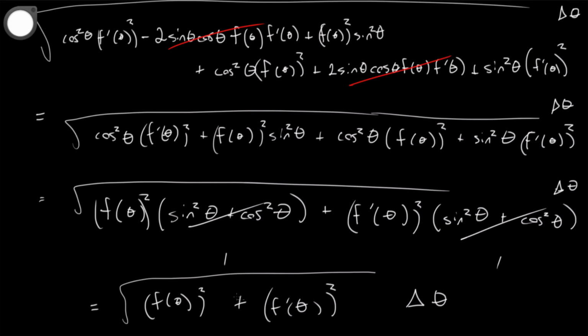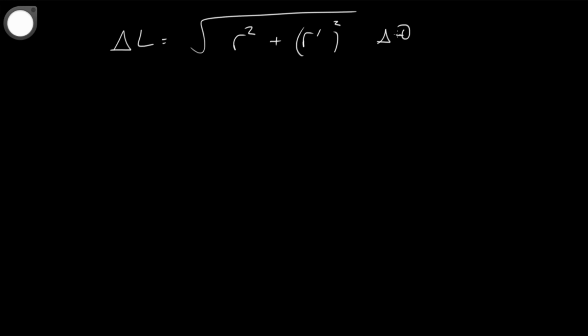Let's go ahead and get that final answer just to be legit. So we have delta L is equal to the root of r squared plus r prime squared, delta theta, and then we are going to look at the length as a limit where delta theta is getting small.